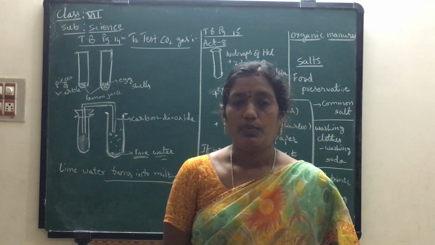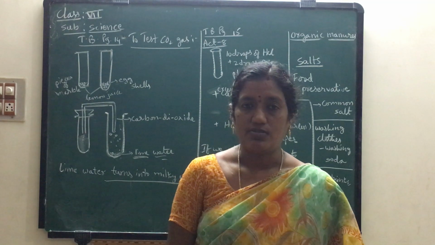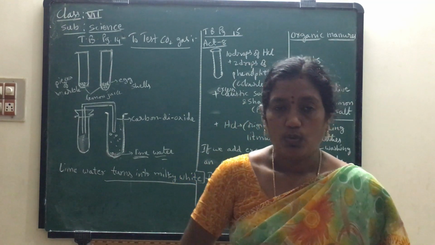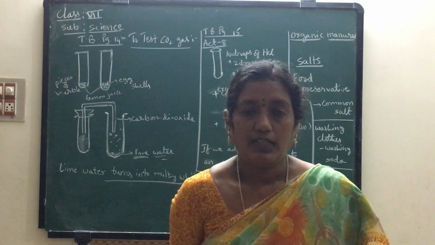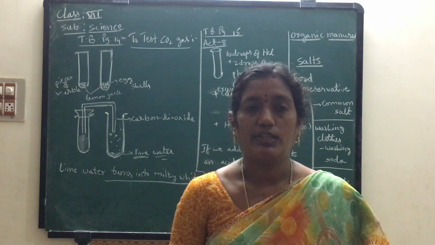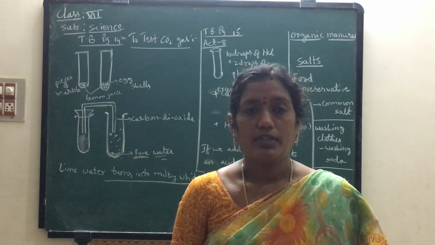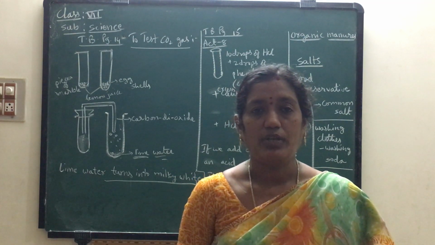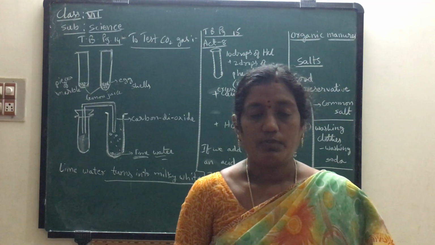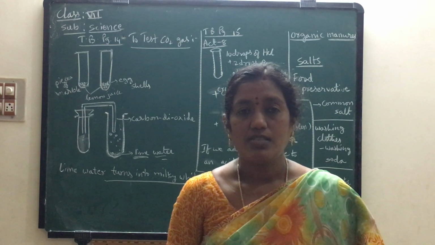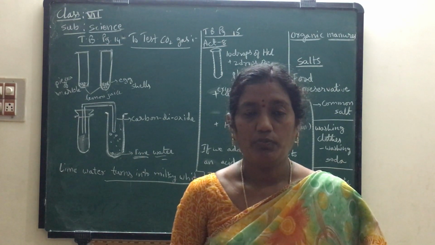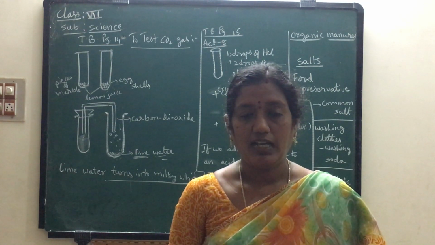We will get a pure white color precipitate. So what is the test we are performing in order to identify carbon dioxide gas? Carbon dioxide gas turns lime water milky white. This is the test for carbon dioxide gas.